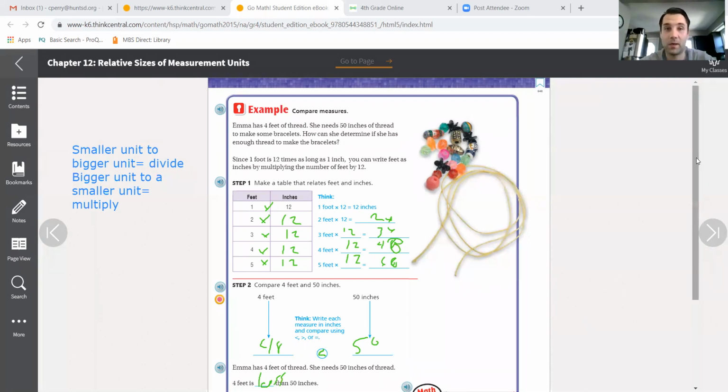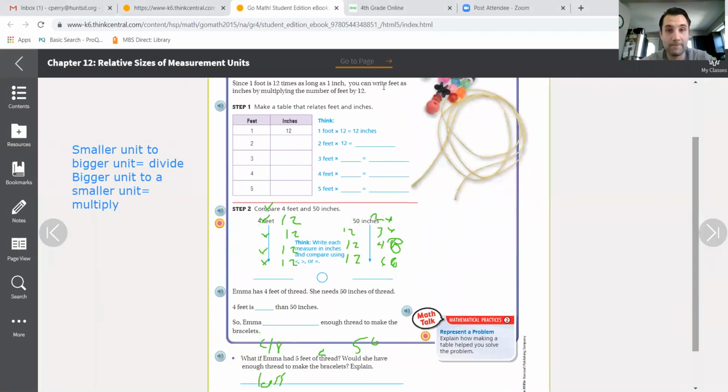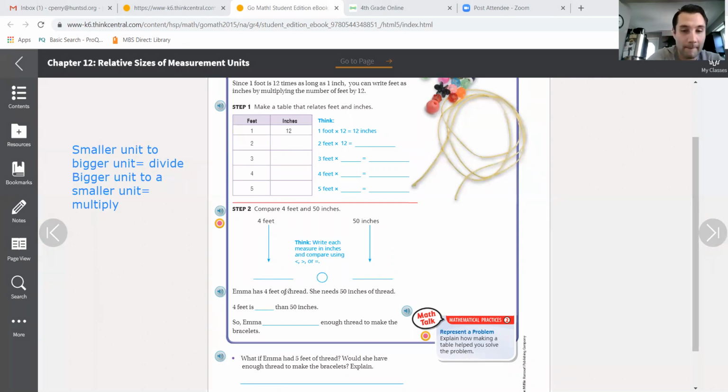Sorry about my handwriting again. Oh my. At least it's a quick eraser. It's not like the smart board in the classroom. All right, so does Emma have enough thread? Emma does not have enough thread. Everybody read that?